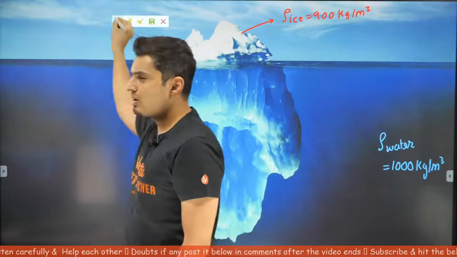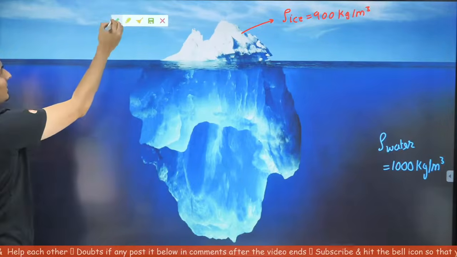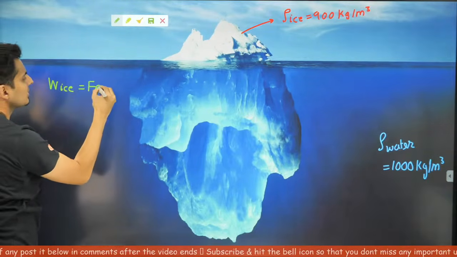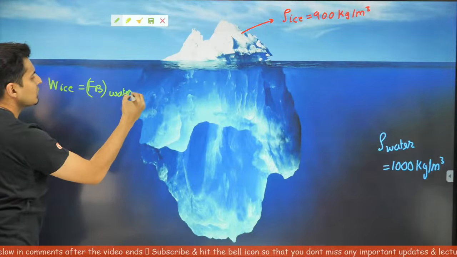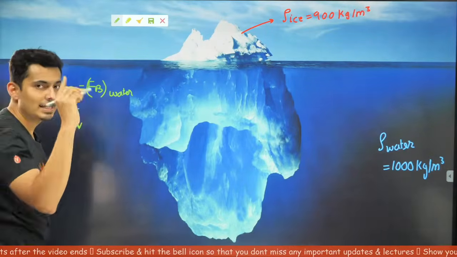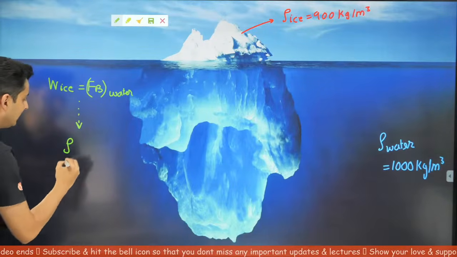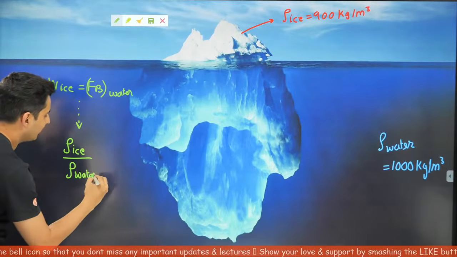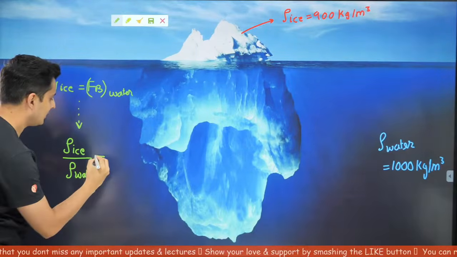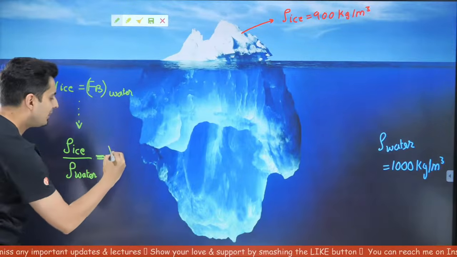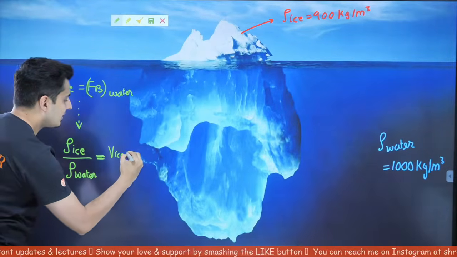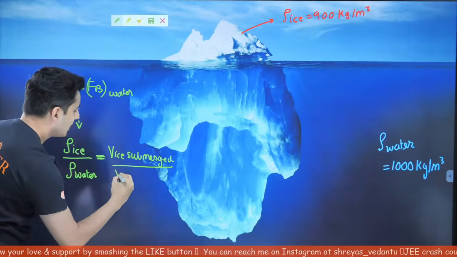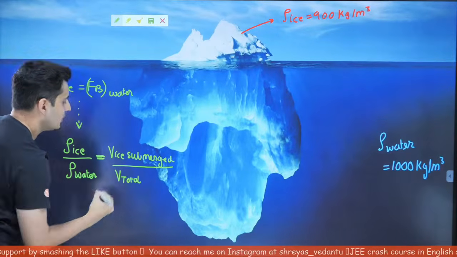If you apply Newton's laws, the weight of the iceberg is equal to the buoyant force because of the water. When you solve this, you're going to get a very interesting term: density of ice upon density of water. Guess what this is? It will be volume of ice submerged upon the total volume.